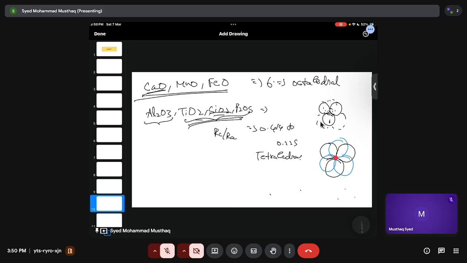Okay, so if you are talking about silica, silica will form a tetrahedron.